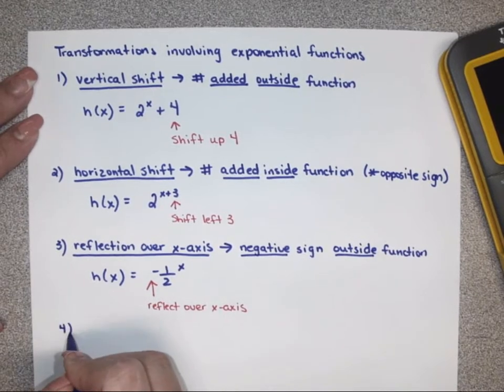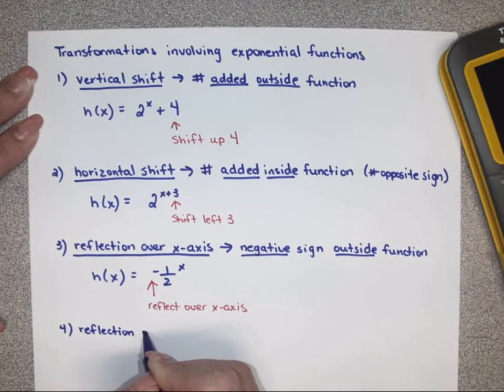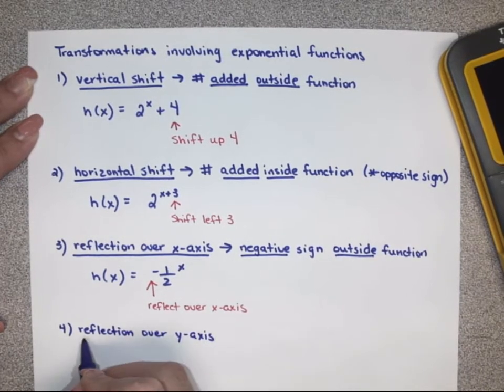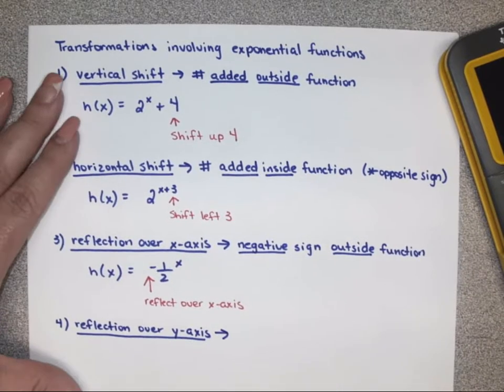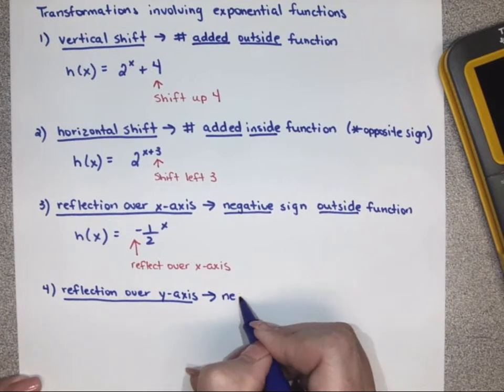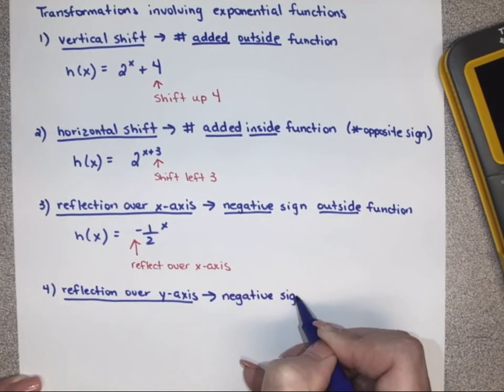All right, so not surprisingly, the next one's going to be what? Reflect over the y. Okay, so what's the difference between this one and the x? Instead of the negative sign being outside, where will it be? On the inside. And in this case, inside means in the exponent itself.